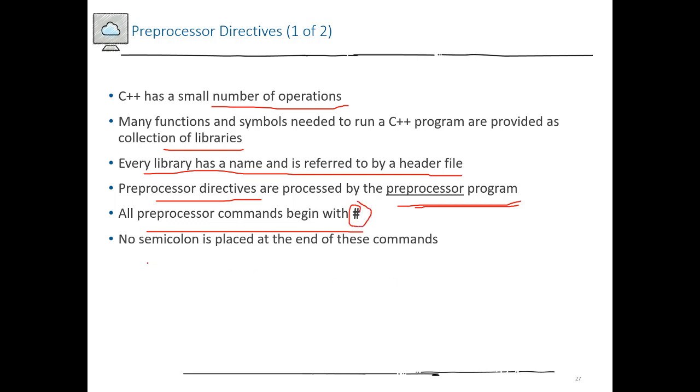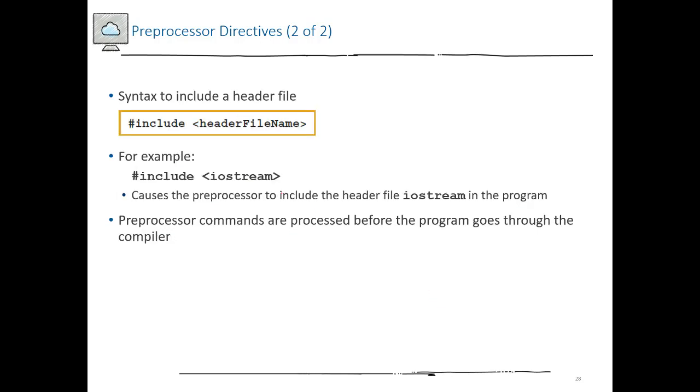No semicolon is placed at the end of these commands. So we have libraries referred to by the header file, and we have preprocessor directives. Let's look at the syntax of that. Here's the syntax of an include.